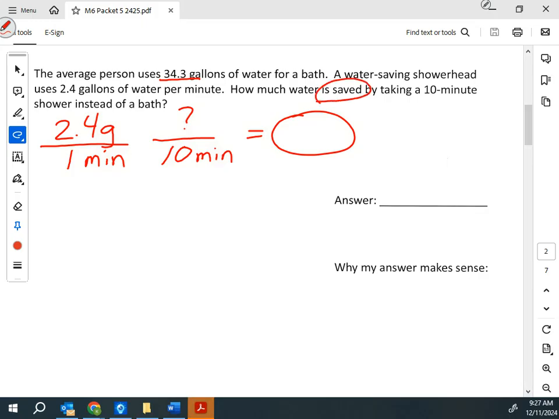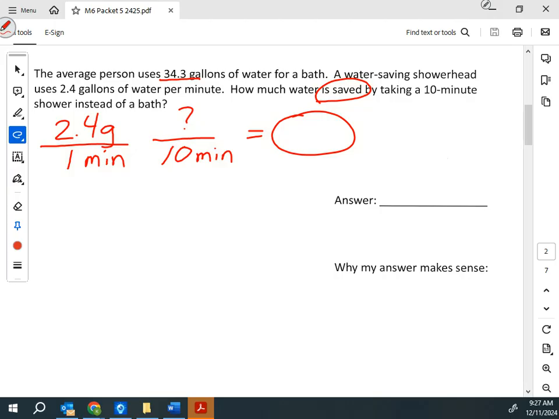It's how much water is saved. So we need to say, well, it's 34.3 gallons for the bath. I'm going to subtract out what I use for the shower to see how much water would be saved. How much less water is used. So don't forget that second step of subtracting out the shower from the bath.